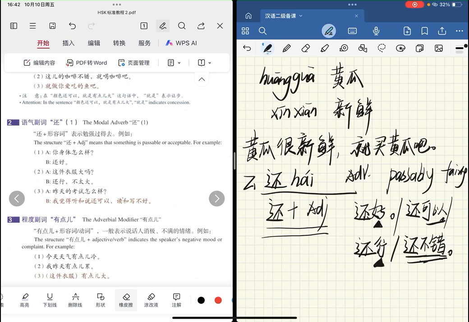So it expresses a moderate, slightly positive degree, not very satisfied, but okay.